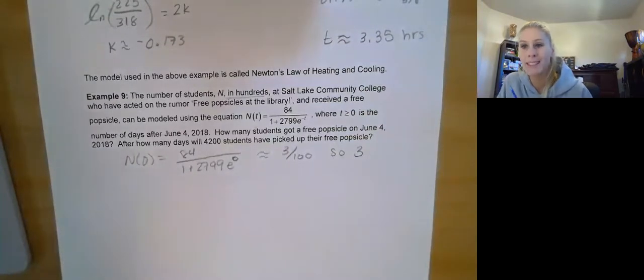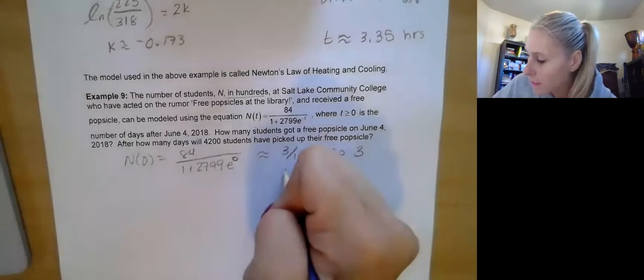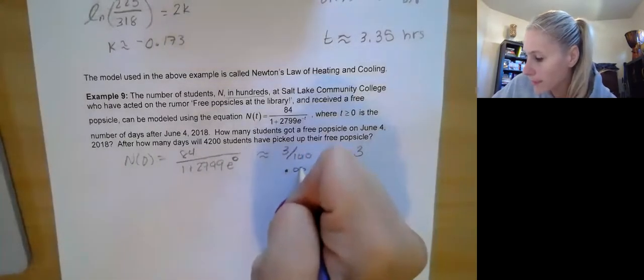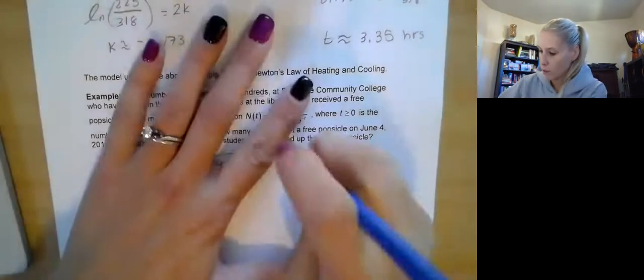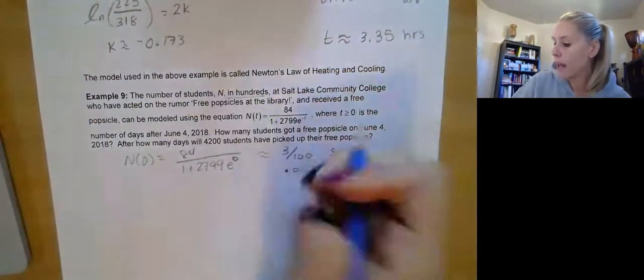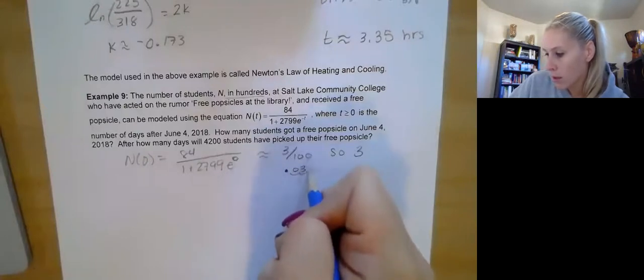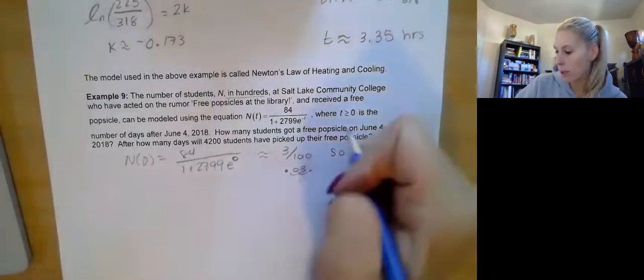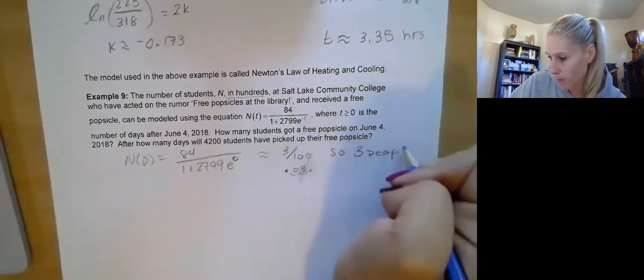Okay, so remember it's in hundreds. So think of this if you want to look at it this way. This is 300. No, so I put thousands down. And we have to move it over because we're talking about in hundreds. So 3 people on that initial day came in.